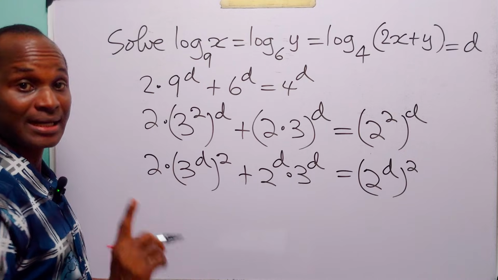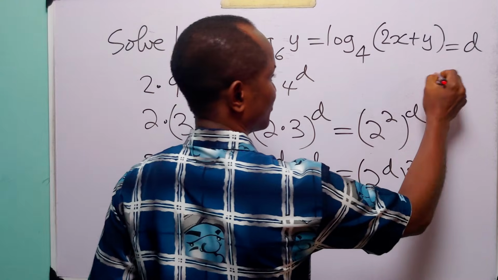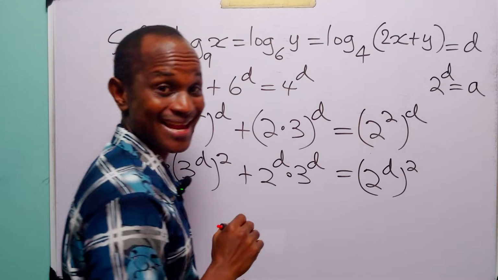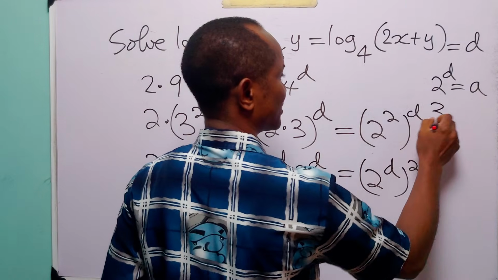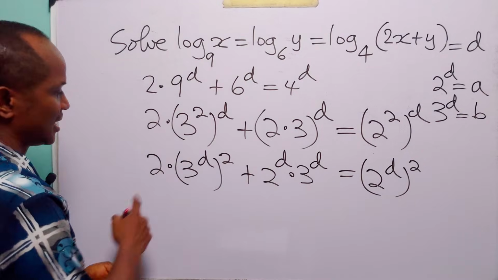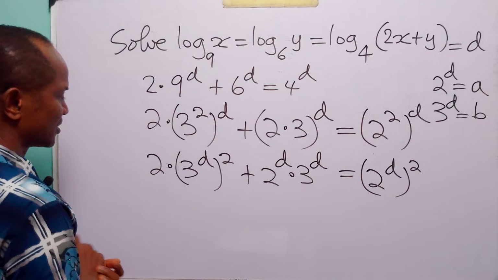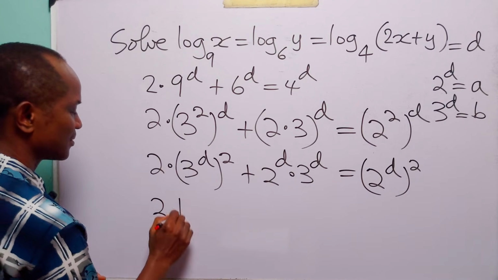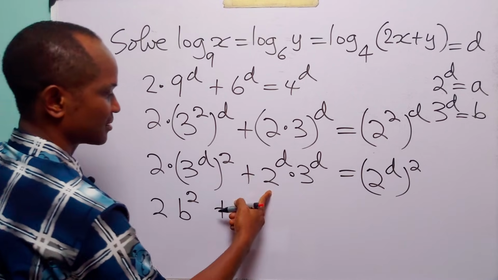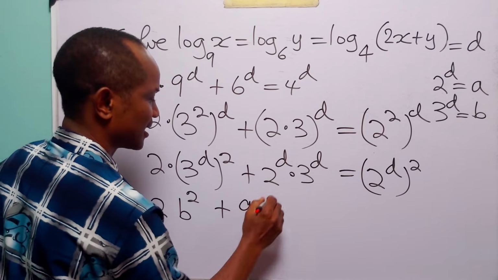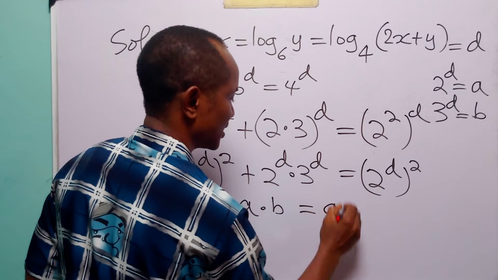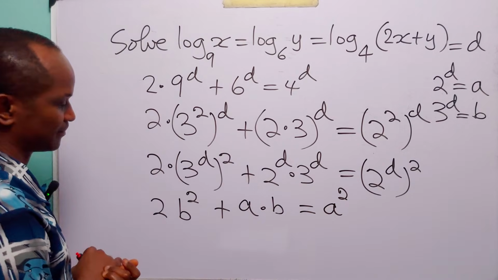Now, let 2 to the power d be equal to a, while 3 to the power d is equal to b. That means that we can write this equation as 2b squared plus a times b is equal to a squared.